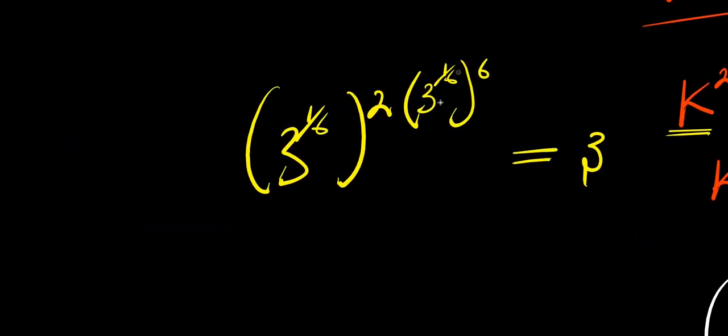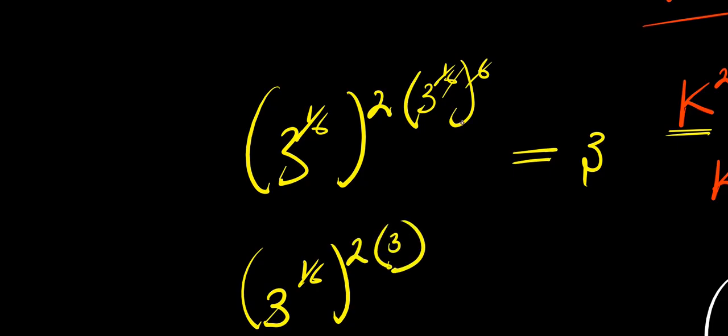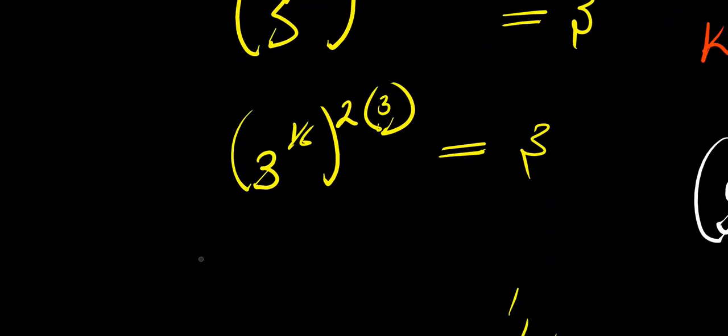Now, remember, if you multiply the exponents, you have 3 power 1 over 6 raised to the power of 2 times 3, because this one will go off. So if you multiply the exponents again, 2 times 3, that is 6.